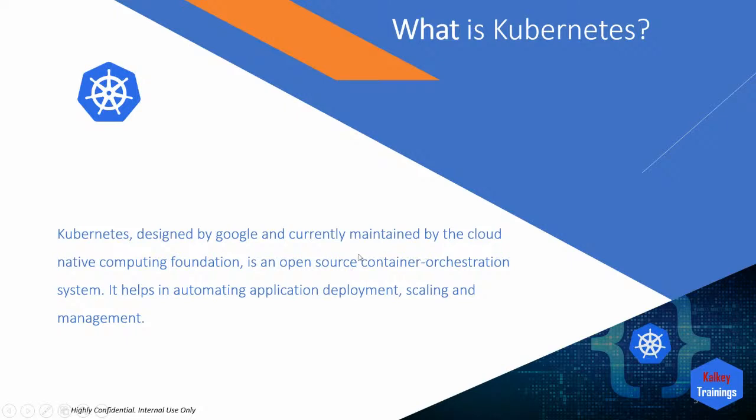So we have learned about Docker containers, and you have to do the orchestration. The orchestration system will help you manage the microservices. It helps in automating application deployment, scaling, and management.